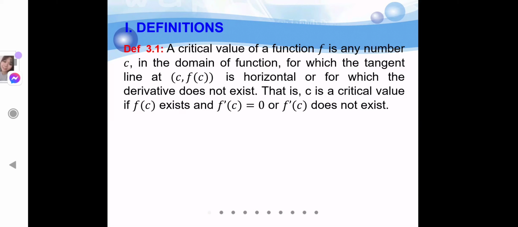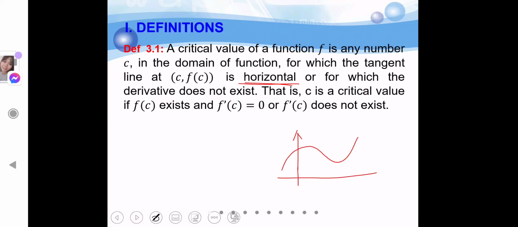If f prime at c equals 0, that means the tangent line at c is horizontal. This is the tangent line here, horizontal.